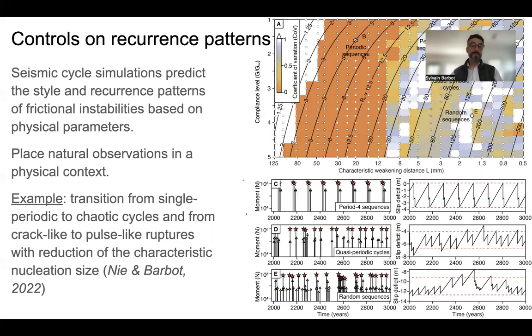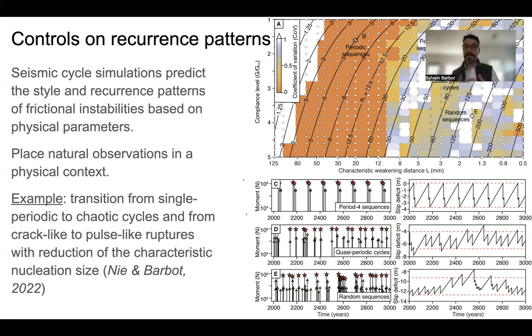Another application of these methods is to predict the recurrence pattern of earthquakes and better understand their predictability. This is an example produced by Xing Ni and myself that explored how the recurrence patterns of earthquakes change with the frictional properties of the fault and the characteristics of the surrounding compliance zone.